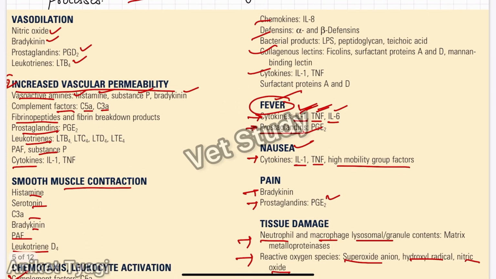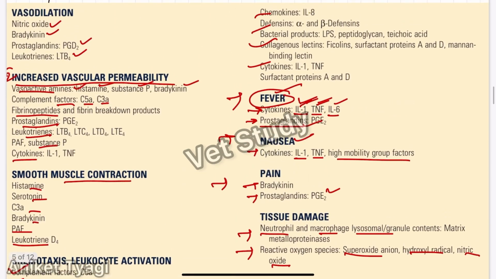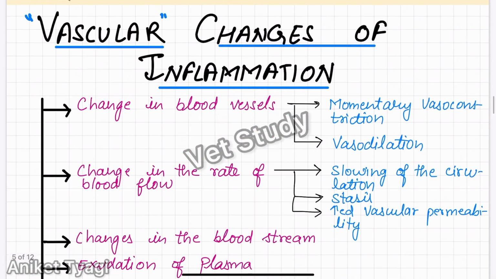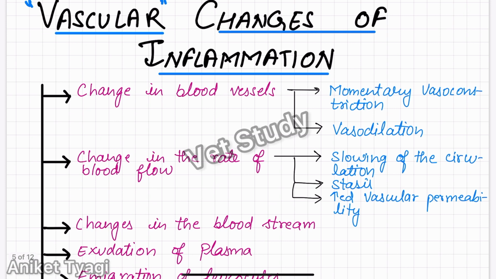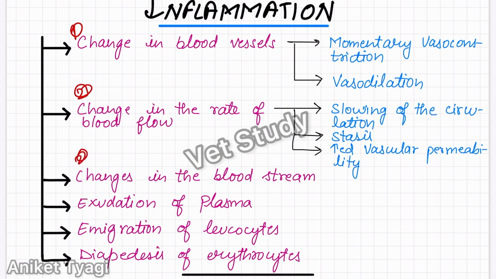You can remember only a few things, like how fever is produced, malaise, pain and tissue damage, but from your exam point of view, I don't think that these are very important, okay. After this, we have vascular changes of inflammation. In vascular changes, we have different steps like change in blood vessel, change in rate of blood flow, change in blood stream, exudation of plasma, emigration of leukocytes, and diapedesis of erythrocytes.